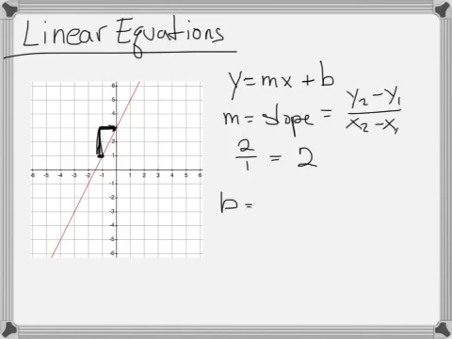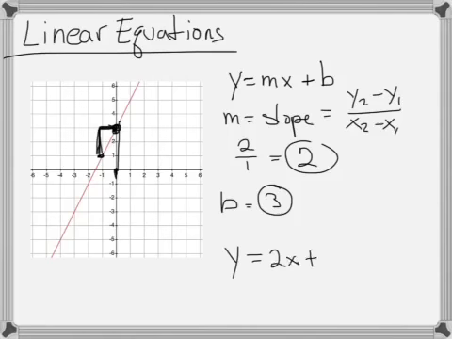You can determine b by either seeing where the line actually goes through the y-axis, in this case at 3, or conversely you could figure out when x is 0, what's the y value. So since we now have a slope of 2 and a y-intercept of 3, we can write the slope-intercept form of this equation as y equals 2x plus 3.